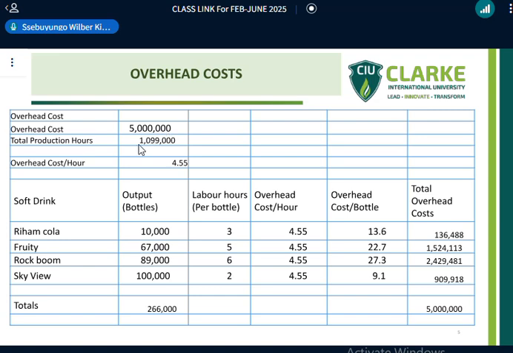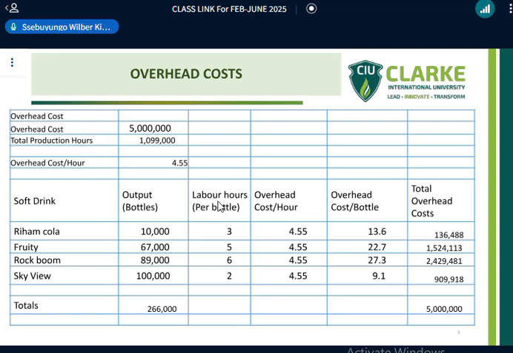We want a ratio, which is 5 million divided by the total production hours or labor hours, which I got as 4.55. Now we have 4.55. This is overhead cost per hour, not yet overhead cost per bottle. When we get per hour, that is a good achievement.